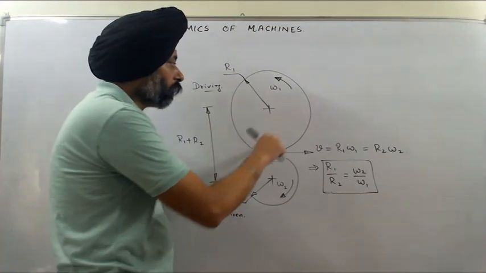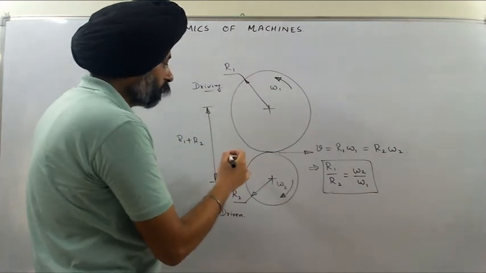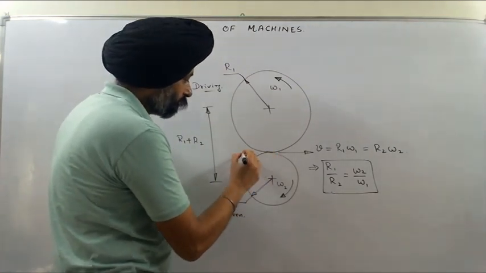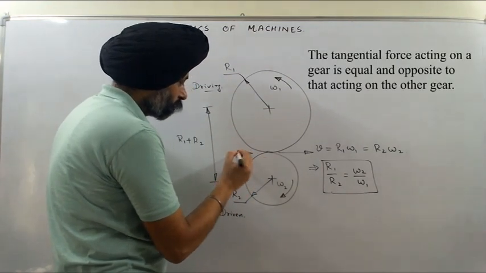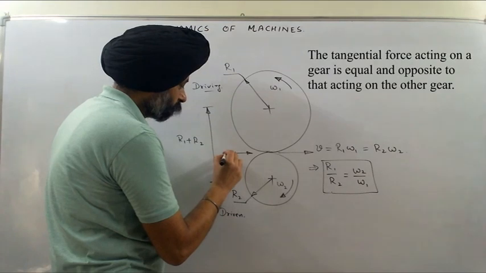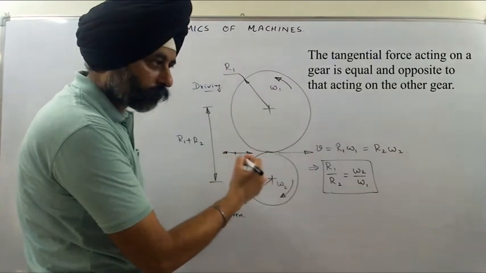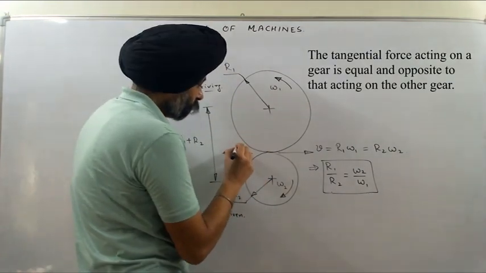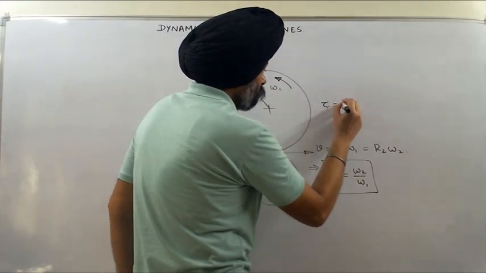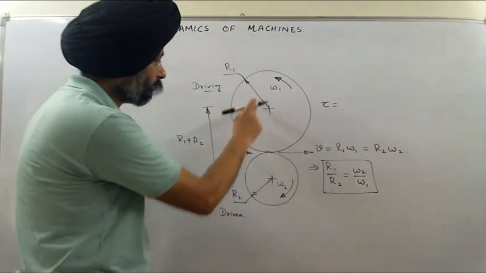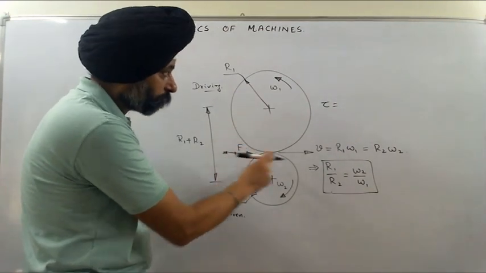Now for this disc, the amount of load, or you can say the tangential force that is to be transmitted, action and reaction will be equal and opposite for both the discs. So if this force is F, the torque would be R cross F, because R and F at this point are perpendicular.